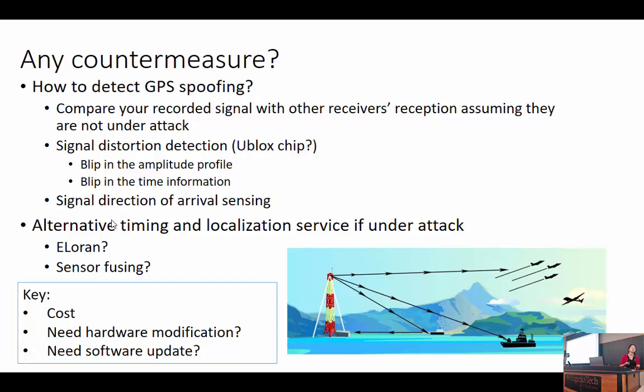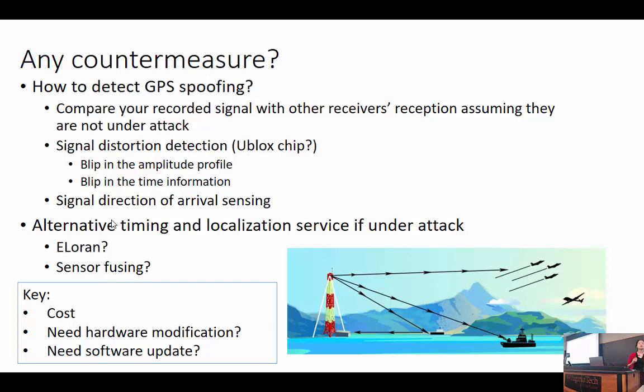One of the means is to let your GPS receiver be connected online with other GPS receivers, assuming the attacker won't be able to simultaneously attack all the GPS receivers, and one of those receivers is in a secure location that everybody trusts will not be attacked. Then you can compare your own recorded GPS signal with that trusted receiver's receptions, and if there's a discrepancy, you know you're under attack.